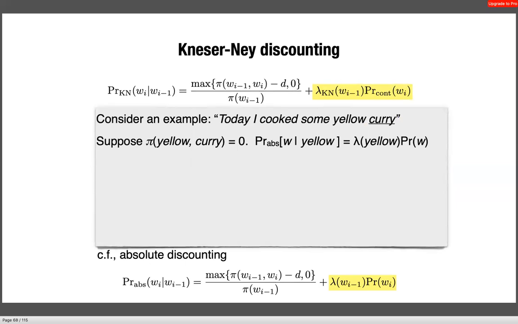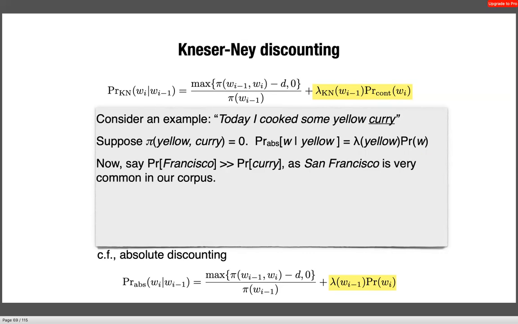Now if I wanted to compute the probability of any word given yellow using the absolute discounting scheme, then the first term reduces to 0, and I'm left with the second term, which is lambda corresponding to yellow times the unigram probability of the word. Say that I'm working with a corpus which is all about the Silicon Valley, which means I'm seeing San Francisco appearing many times in the corpus, and curry by itself is not a very common word in my training corpus.